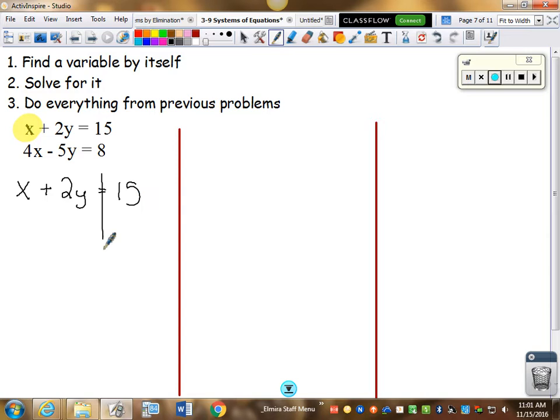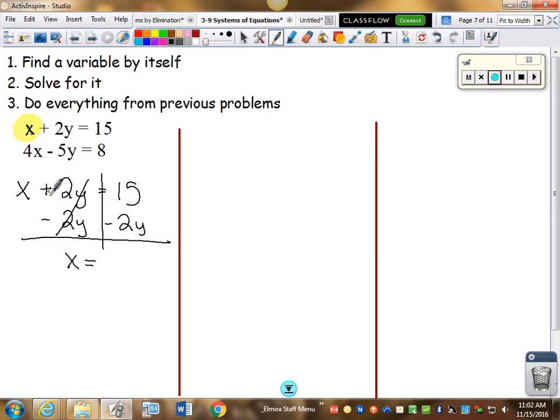So I'm going to subtract 2y off both sides. Now I just have x by itself. Okay, so when I see a variable that has no coefficient in front of it, that means I can, in one step, easily isolate it by moving the other term to the other side. If I move 2y to the other side of the equal, opposite side, opposite sign.